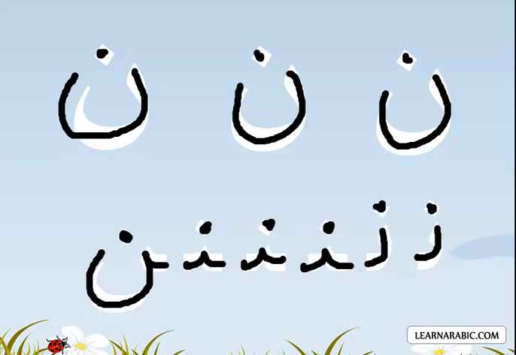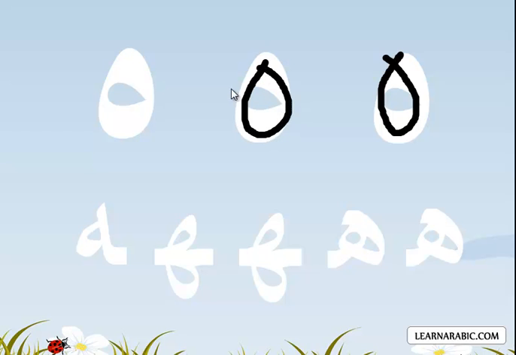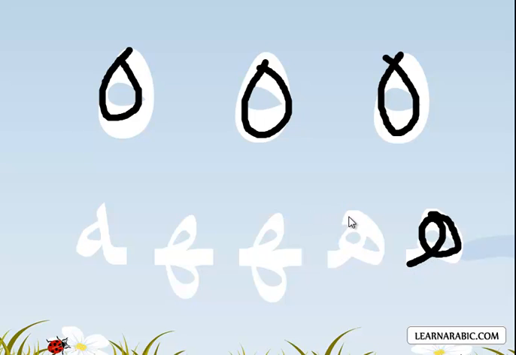Then we have the letter ha, and so this is like that. When it occurs at the beginning of a word, it is like this. So we start from here, then we make a second loop like that.